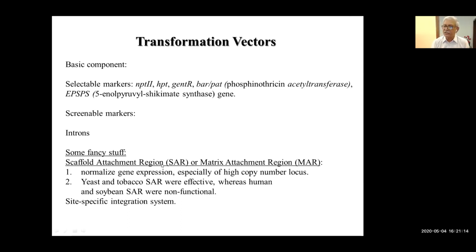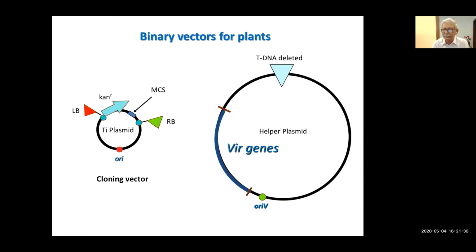Just keep in mind that these are the regions on the DNA which help in better efficiency of transcription. Sometimes people add such things, but it is not for sure that they really work. Some people report it works, some people report it does not matter.